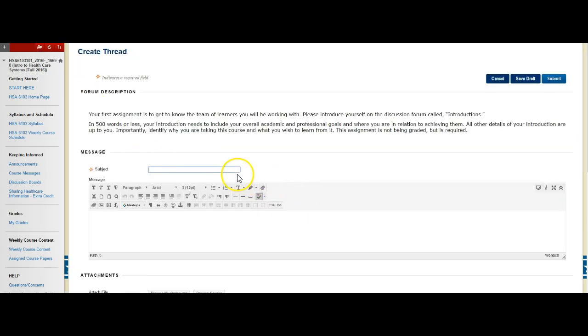You will include your subject, and then further down you will post your introductory post in this case, or whatever the assignment is. I strongly suggest you write it in Microsoft Word, then copy and paste it, because sometimes you might lose your internet connection and you'll lose what you're writing.